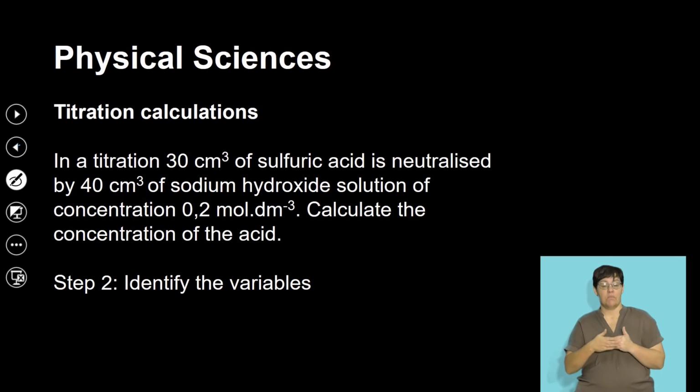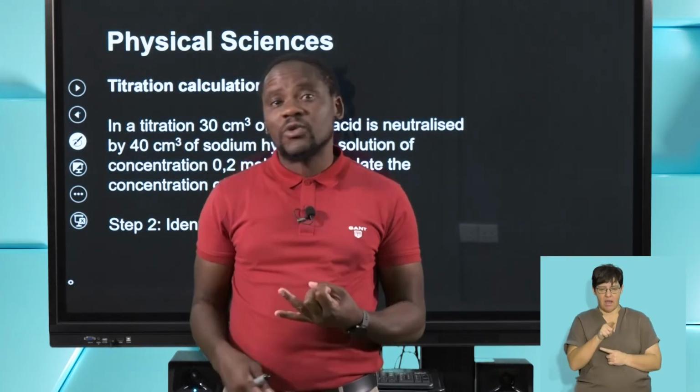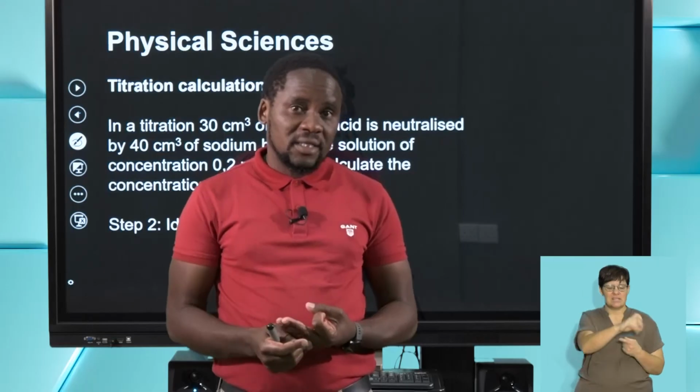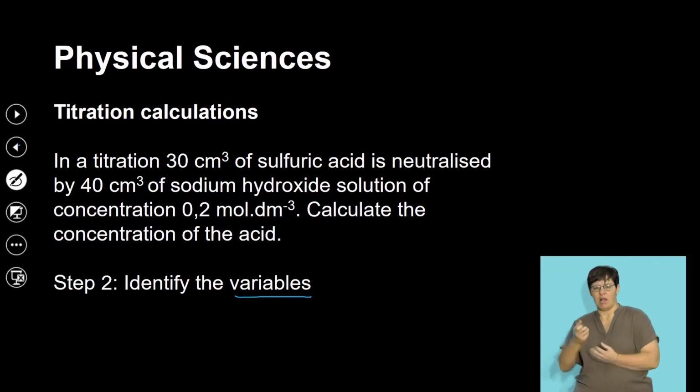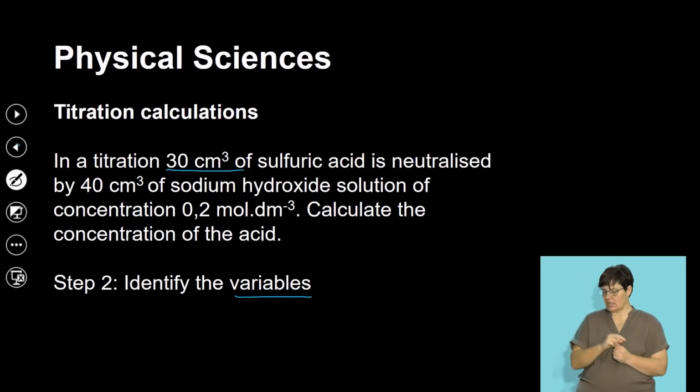Furthermore, number 2, we want to identify the variables. The variables are the quantities that we would need to use in our volumetric analysis equation in terms of concentration, volume, and moles of substance, right? So what do we have here? We already have the volume of sulfuric acid.